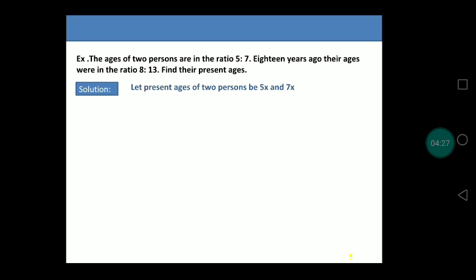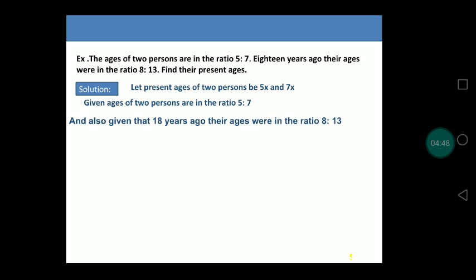Look at here. First you assume that their present ages will be 5x and 7x. Then what is given here? Ages of two persons are in the ratio 5:7. And next, what is also given? 18 years ago their ages were in the ratio 8:13. While you are solving this, you first write the equation.